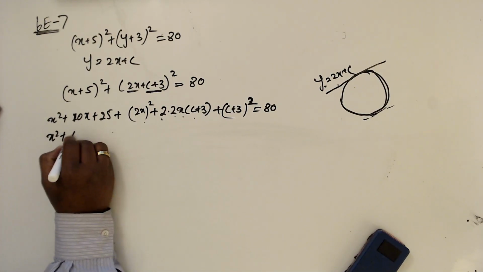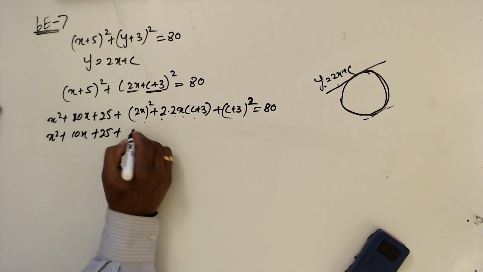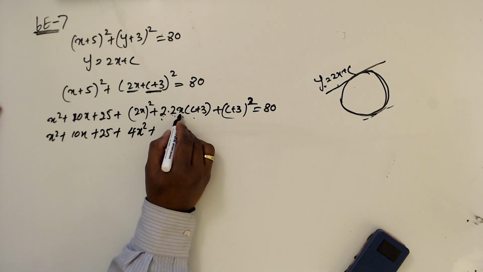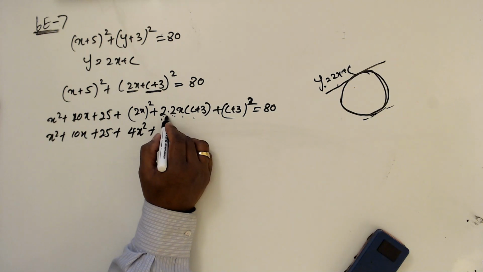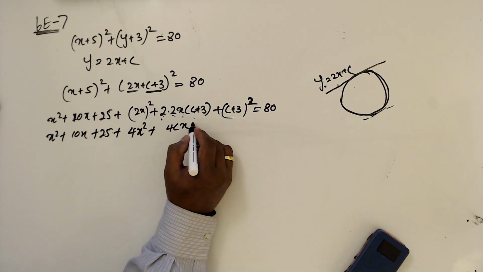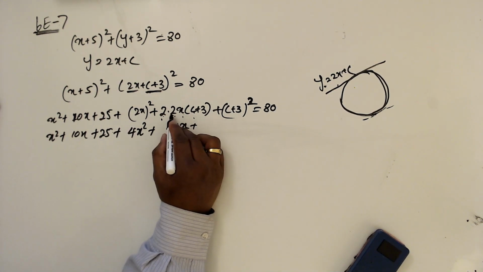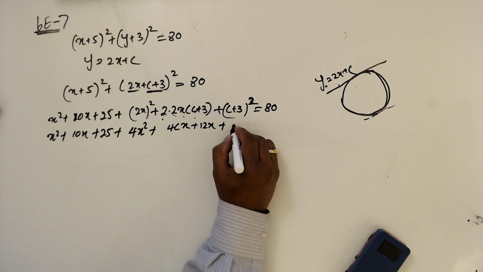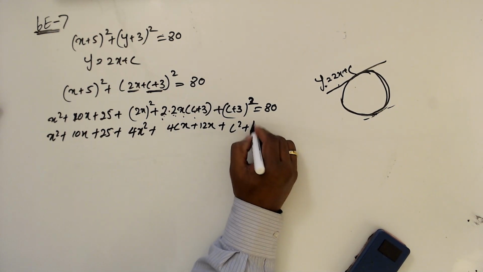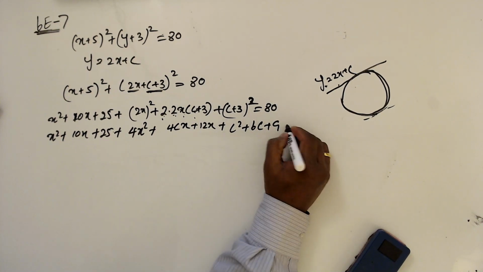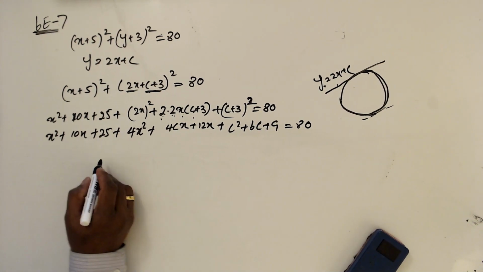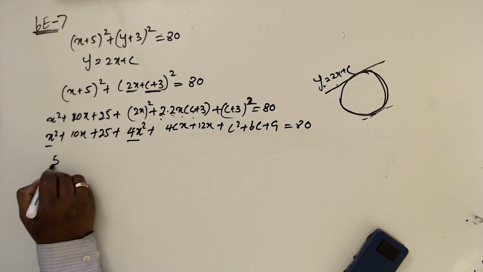So x square plus 10x plus 25 plus 4x square plus 4cx plus 12x, then I expand c plus 3 square, c square plus 6c plus 9, equals 80. Now x square plus 4x square is 5x square.